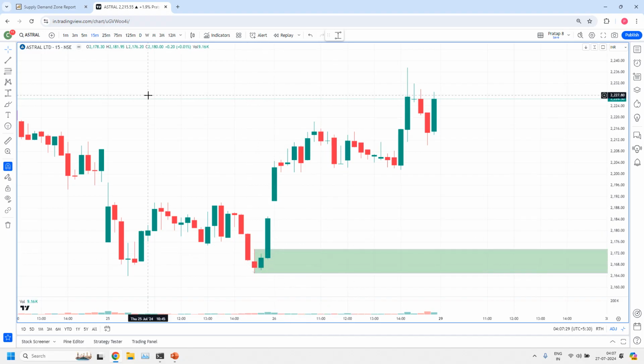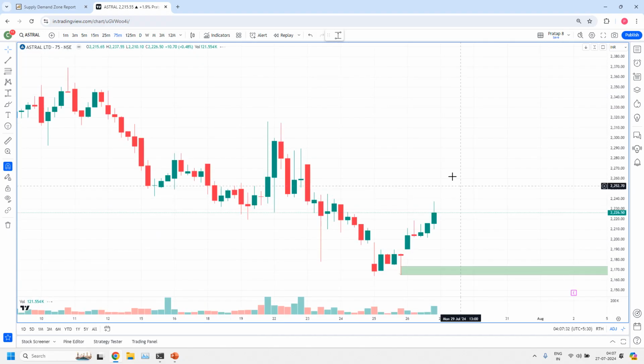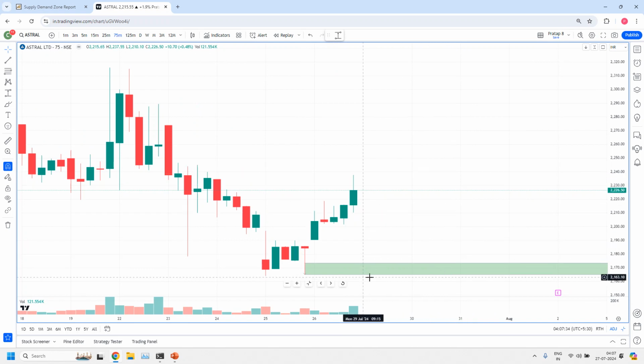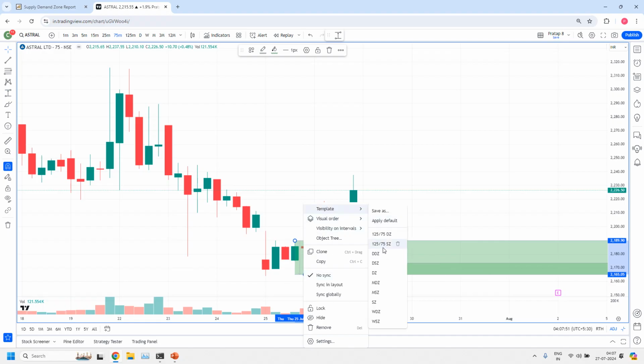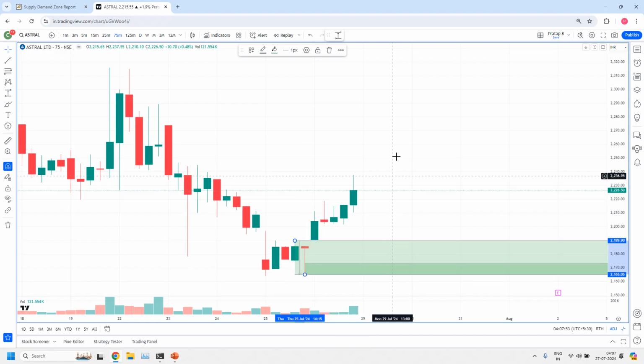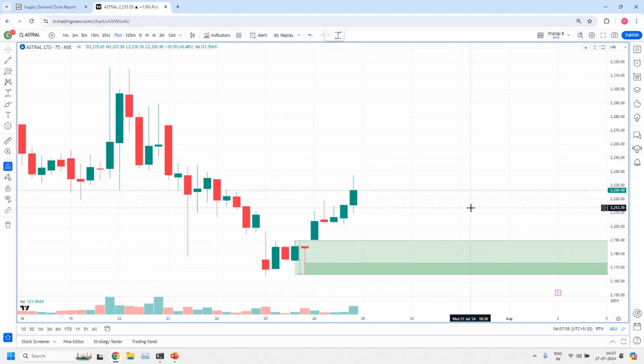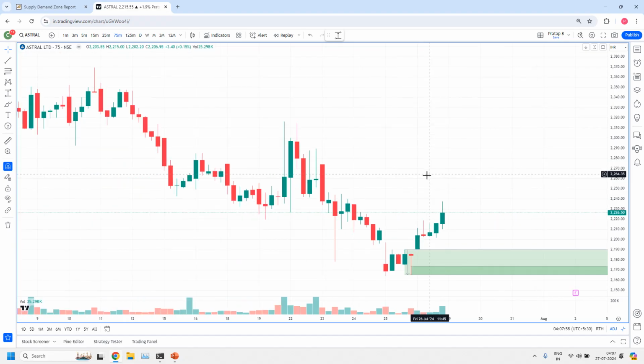And a 75 minute zone. Probably this is a rally. We have three base candles and again a rally candle here with a gap. So this is the 75 minutes demand zone. Excellent. Let us check whether it is having any confluence with daily, even though we did not filter for it.